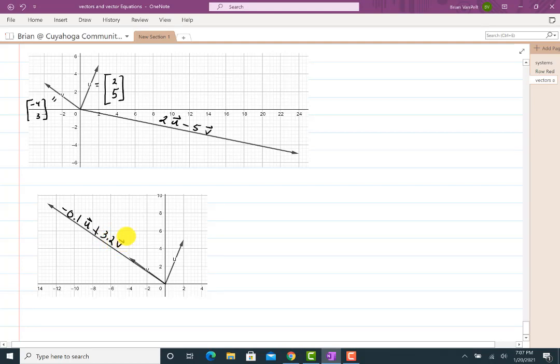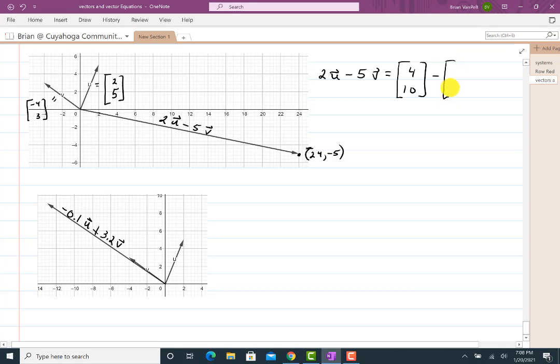And you can see where they end here. If you look at this one right here, you can try it. We ended up at 24 comma negative 5. So when you look at this, it was 2u minus 5v. The 2u was 4, 10.